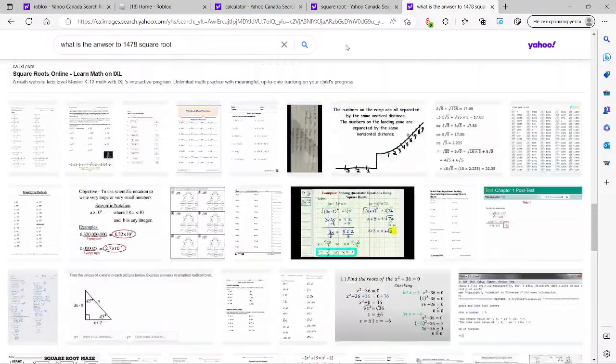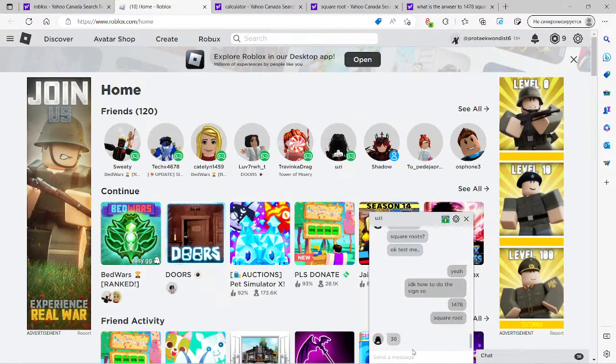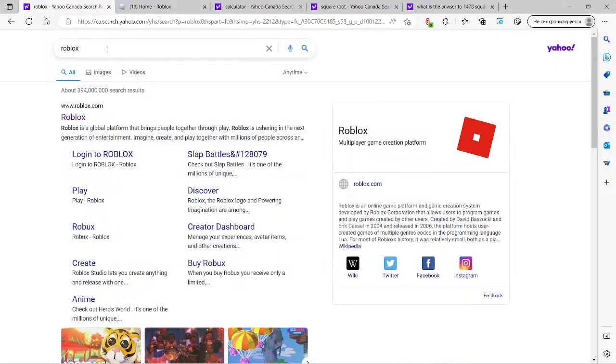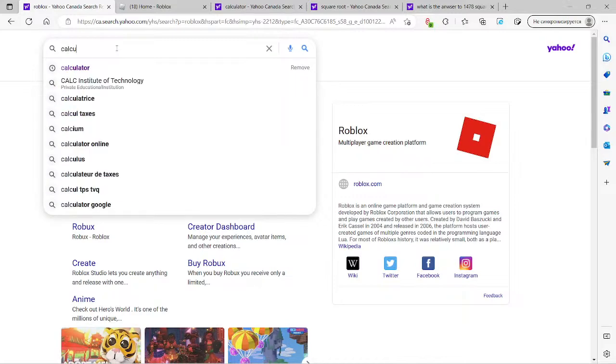So, let me try an easy one. 1478 square root. Calculator.